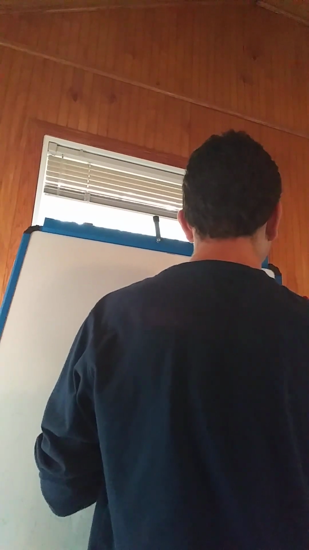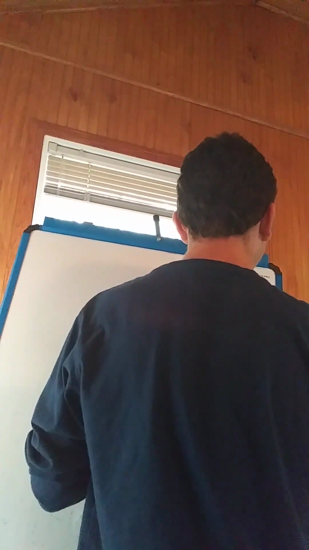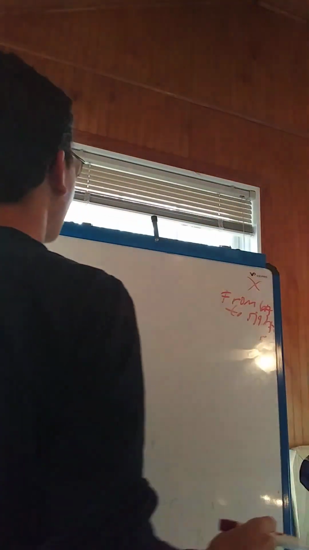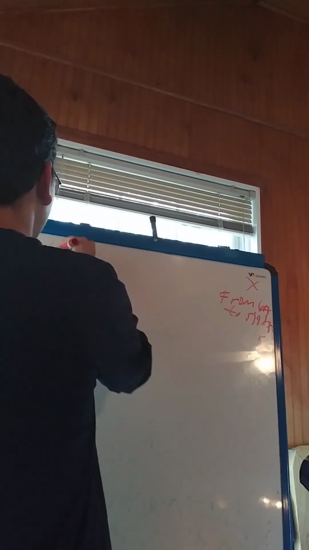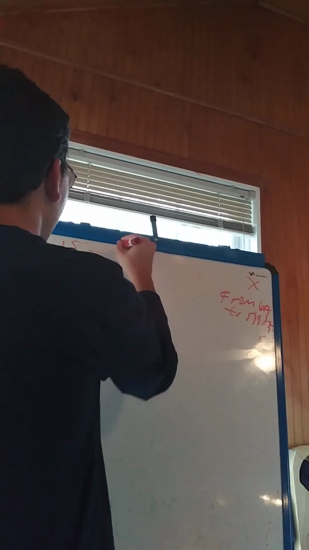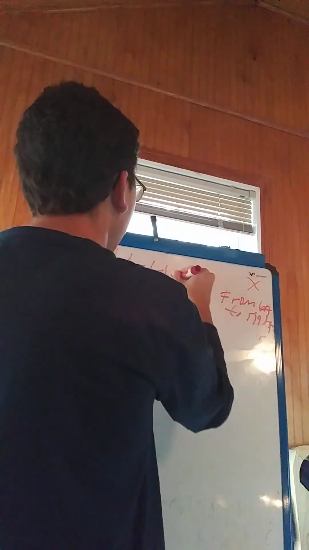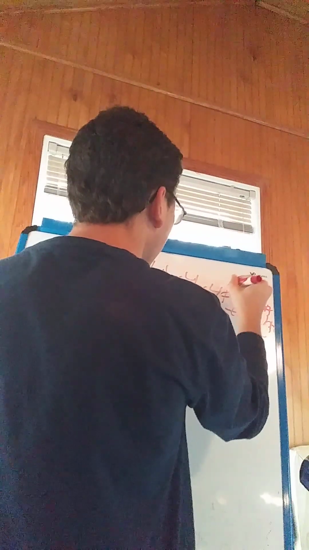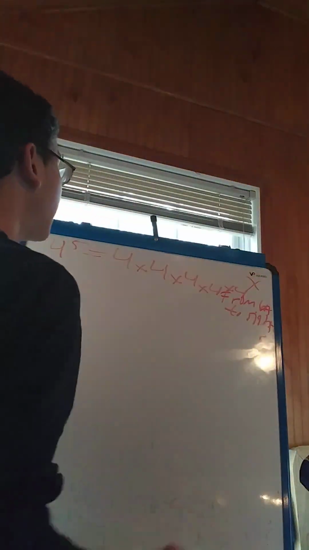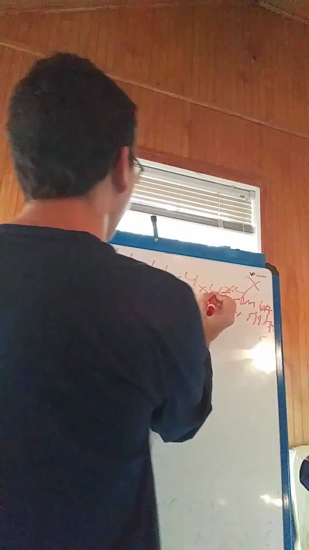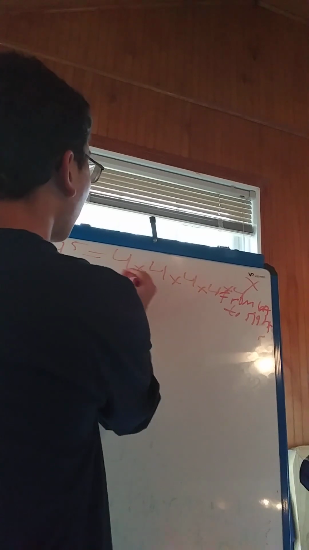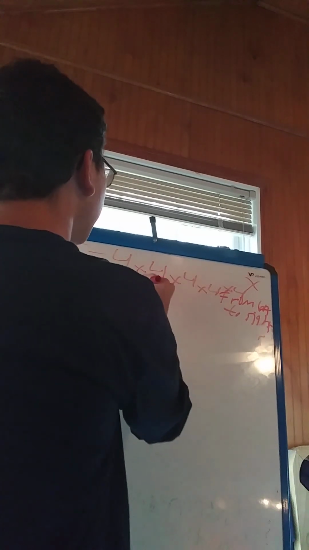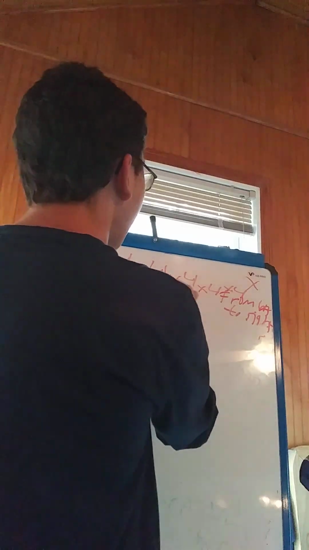I'll write that out again. Another one would be 4 to the 5th power. That would equal 4 times 4 times 4 times 4 times another 4. So 4 times 4, bear with me, is 16. And then we have to drop everything else down.